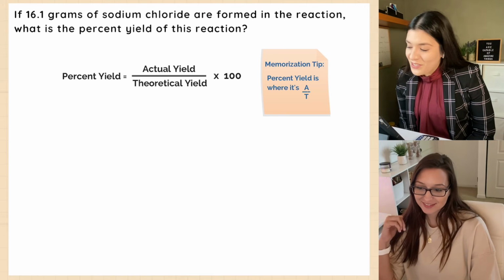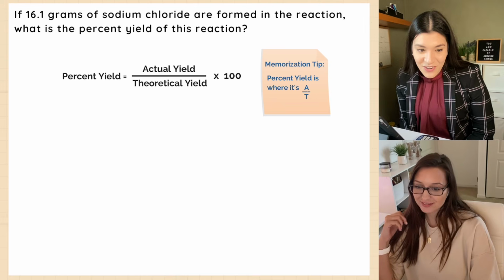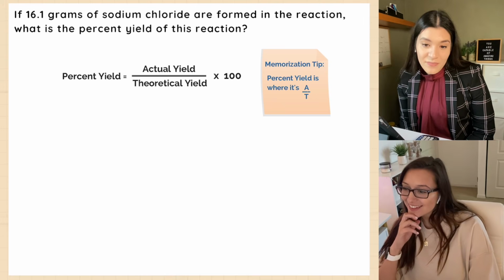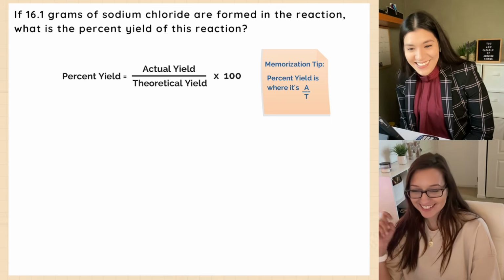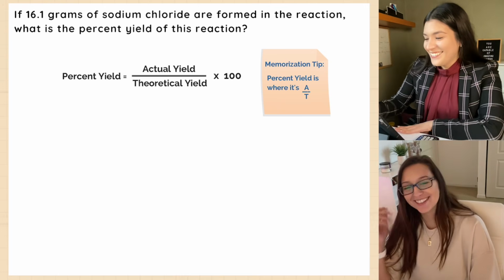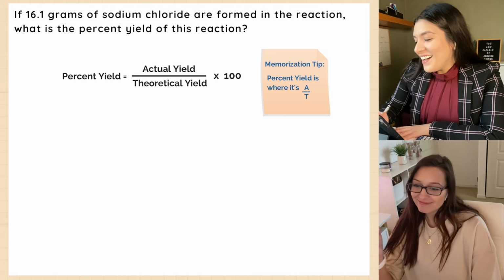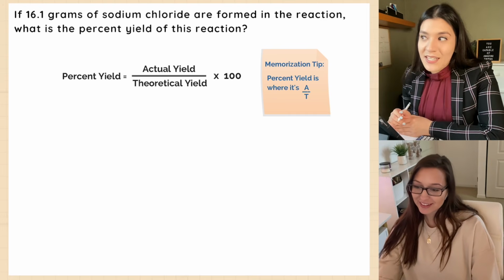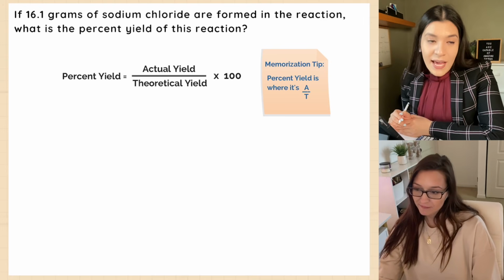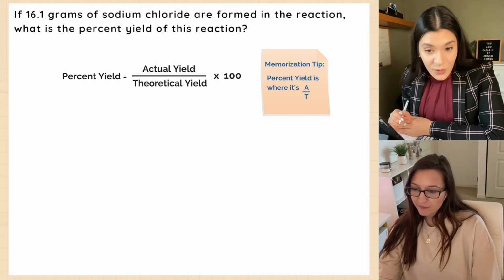So that's the trick for this: it's to remember the formula, so you never forget it. Percent yield is where it's at, correct? Besides the formula, you have to understand how to identify what the actual yield is and what the theoretical yield is.